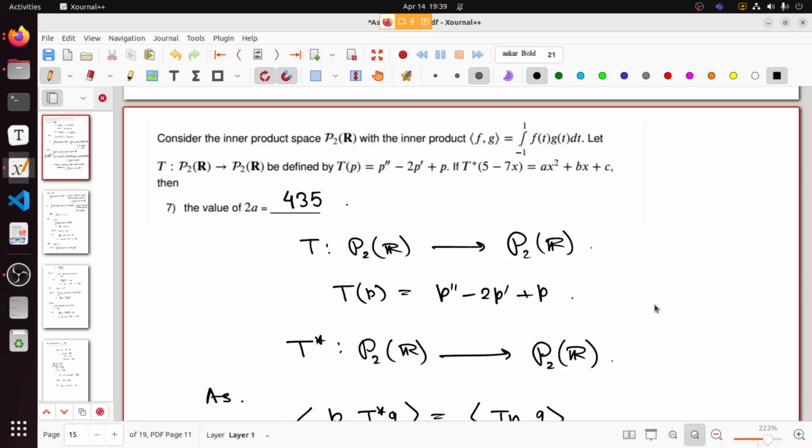What is the matrix of T? What are the elements of T? The ijth element. What is the ijth element of T? It is the inner product of T Vj with Wi, right? If they are a standard basis, then they will be the ijth entry, right? Now if you take the bar, you will get the ijth entry of T star, or the jith entry, right?